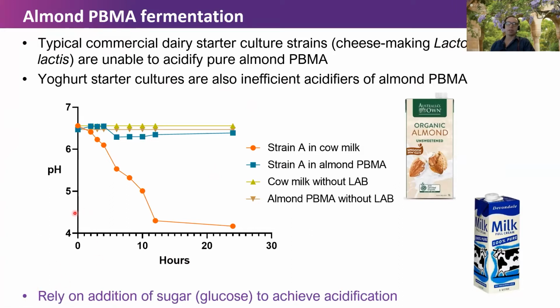A lot of these culture suppliers are interested in fermentation of plant-based products, but what they'll do is suggest adding glucose into that dairy alternative product so that the microbe can utilize the glucose and produce the acid. Instead of that, we wanted the organism to actually use the substrate that was naturally present there rather than adding sugar on top of that, because then there'll be residual sugar there that's not touched.